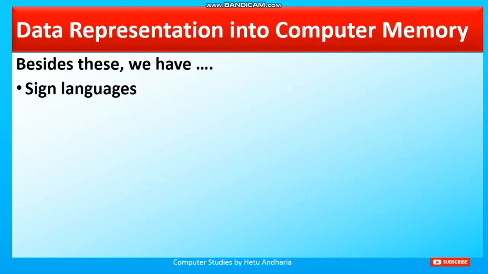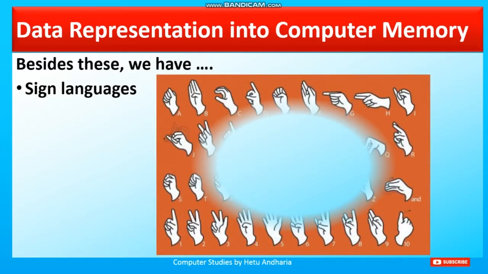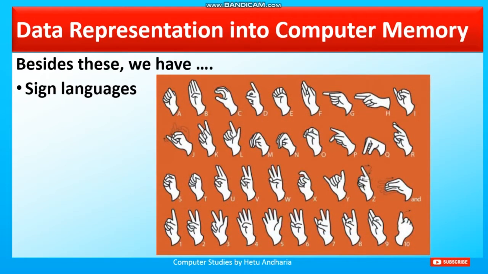Now, besides this thing, language, that is spoken or written language, another type of language is sign language. Now, for specially abled people, that is the people who are deaf, who cannot listen to us, we can communicate with them using the sign language.